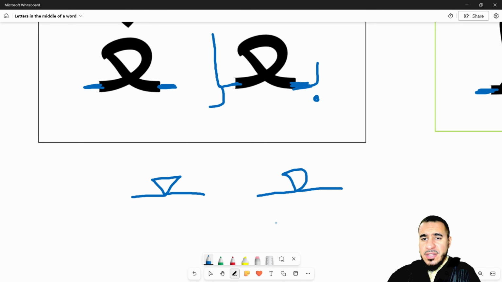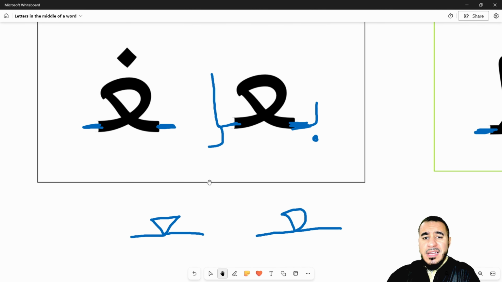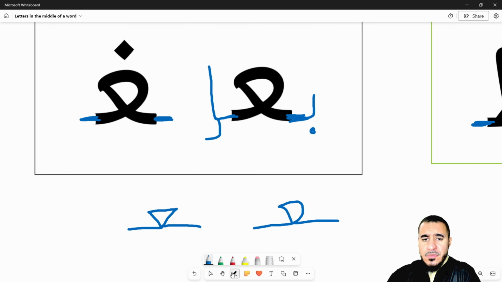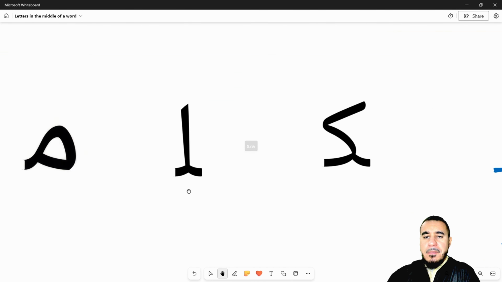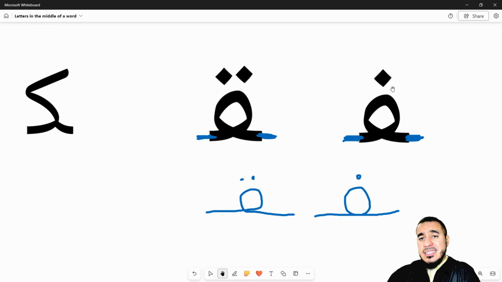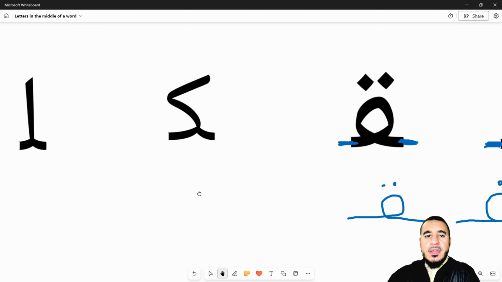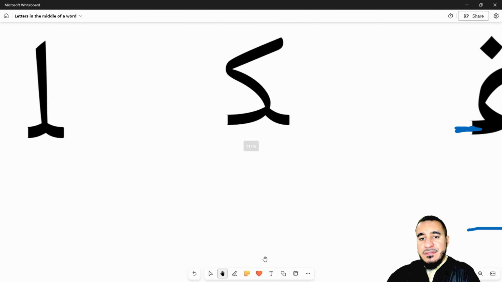An upside down triangle. So either of these shapes can be accepted when it's the ayn and the ghayn, okay? But if it's circular, then it's going to be the fa or the qaf, okay? And of course, the fa has a singular dot above it, and the qaf has 2 dots above it, all right?